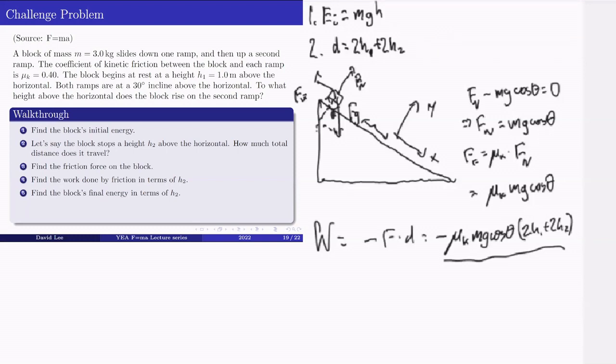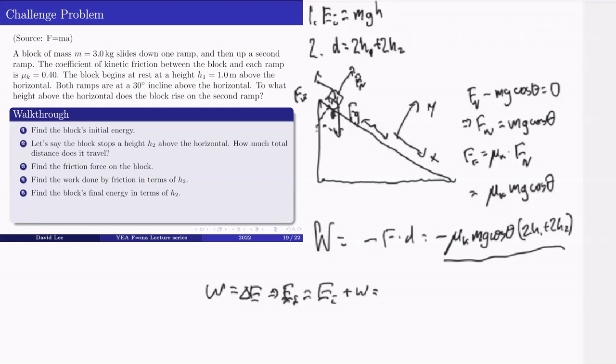Well, the final energy is just going to change by however much our work is, right? Work is going to be the change in our energy. So that means that our final energy is going to be our initial energy plus our work.